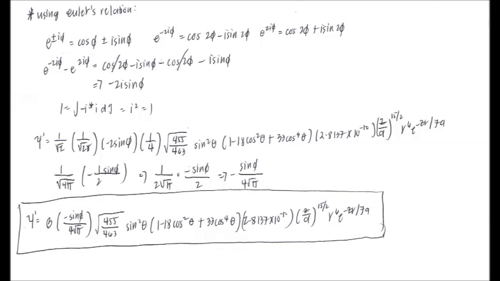So if we subtract the e raised to 2I phi from the e raised to negative 2I phi, we will have cosine 2 phi minus I sine 2 phi minus cosine 2 phi minus I sine 2 phi. So makakancel yung cosine 2 phi. Maiiwan na lang is negative 2I sine 2 phi.